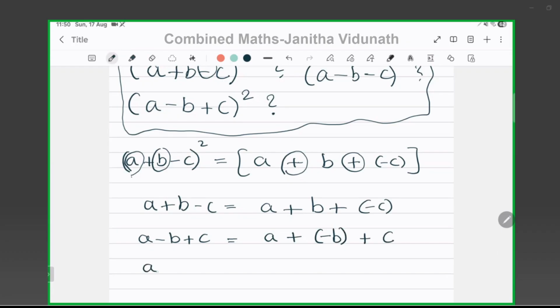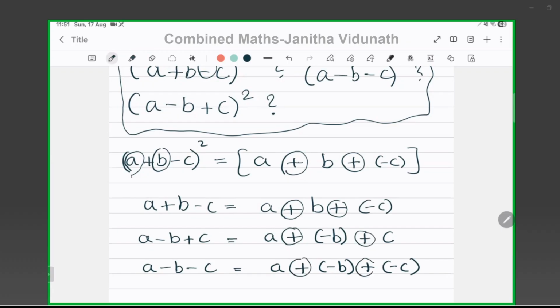If they give a - b - c, then we can think of this as a + (-b) + (-c). The final goal is always to separate each term by a positive sign. Here always we have positive signs.